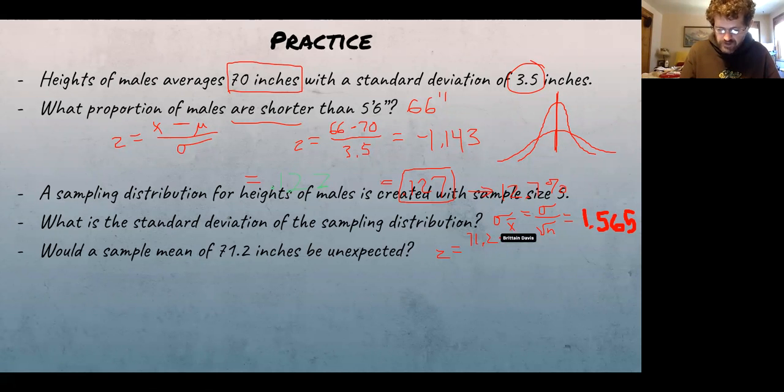If the population mean is 70 and the sampling distribution standard deviation is 1.565, then I can calculate that to get 0.767.